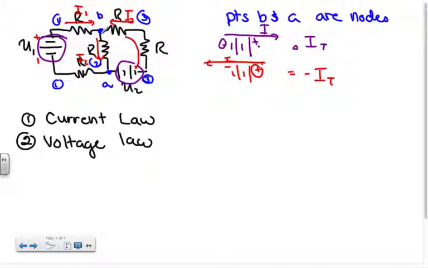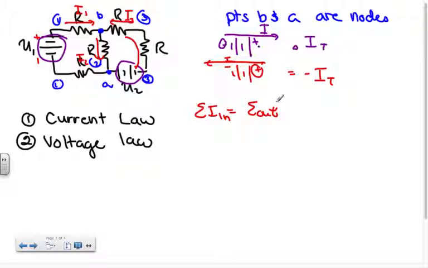The way I stated the current law, I stated it that the sum of the current going in is equal to the sum of the current that goes out. And I stated it this way for a reason.